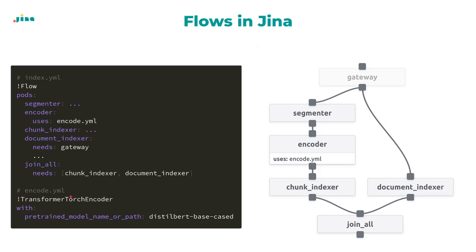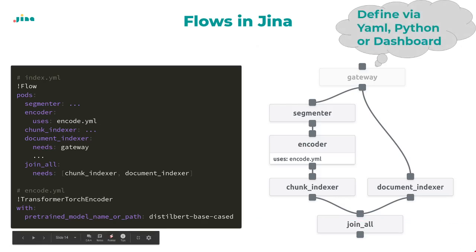And now we could imagine, how does this encoder look like? Well, you say, I want to use the transformer torch encoder and want to use this model. And that's how we use this model. Nothing more needed. And you can define flows either via YAML, via Python, or even on our dashboard, where you can drag and drop them together.